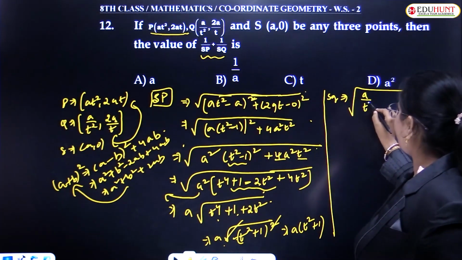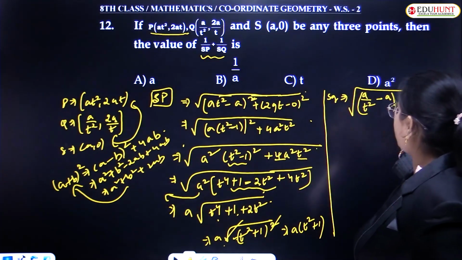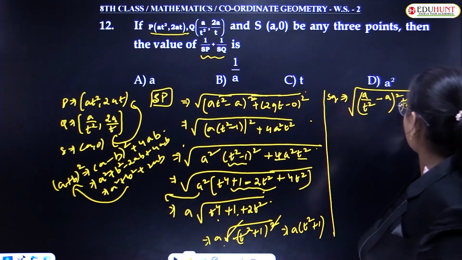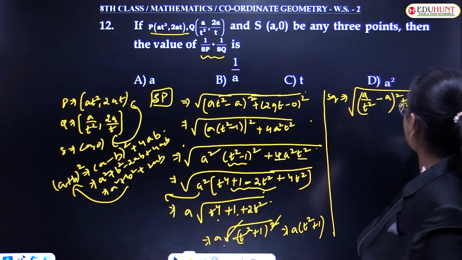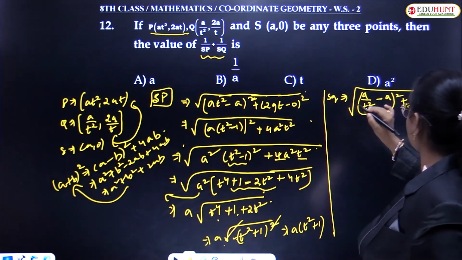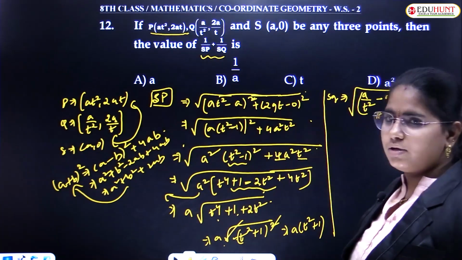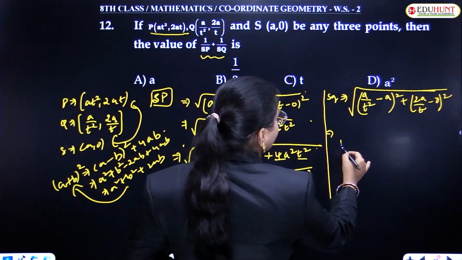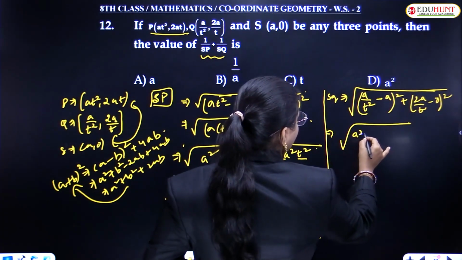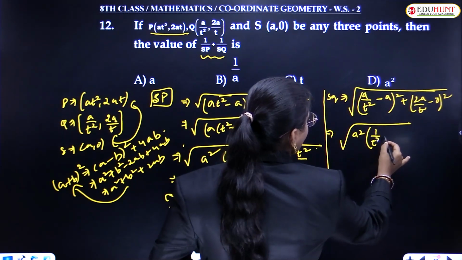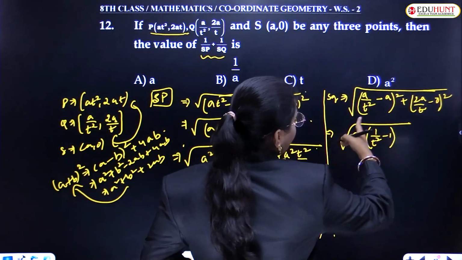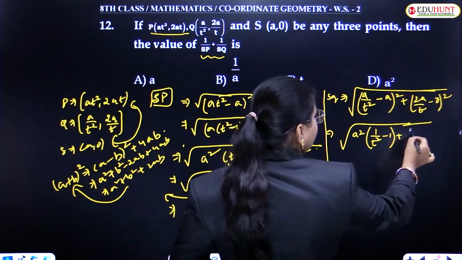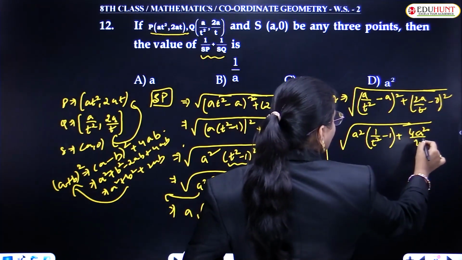It is (a by t square minus a), x2 minus x1 whole square, plus y2 minus y1 whole square, which becomes (2a by t minus 0) whole square. Simple, right? Now as usual, take a square as common. What you will have is (1 by t square minus 1) whole square. Next, (2a by t) whole square becomes 4a square by t square.